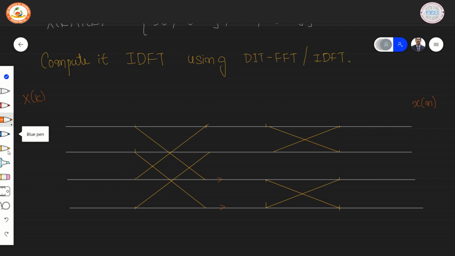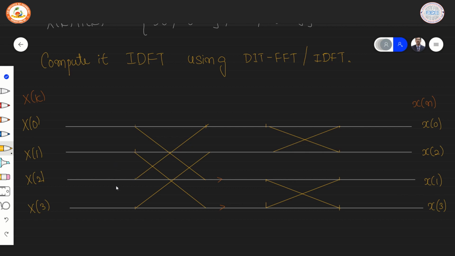Therefore, the inputs are x of 0, x of 1, x of 2 and x of 3. The outputs are going to be produced in a bit reverse fashion: x of 0, x of 2, x of 1 and x of 3.